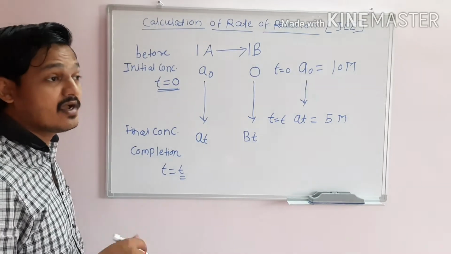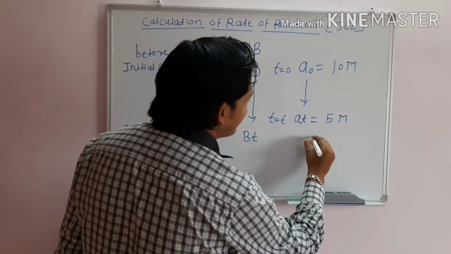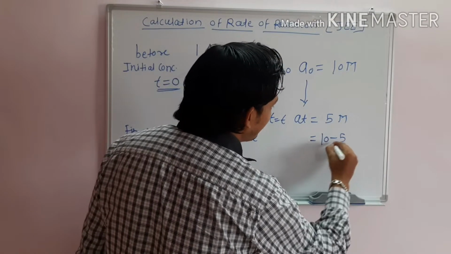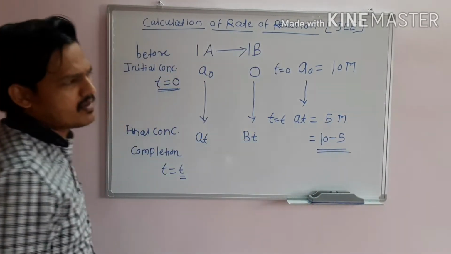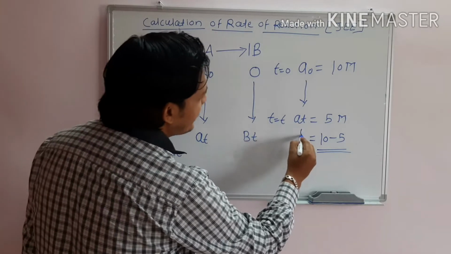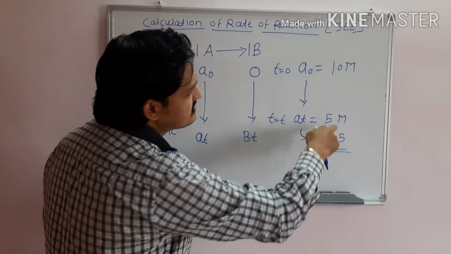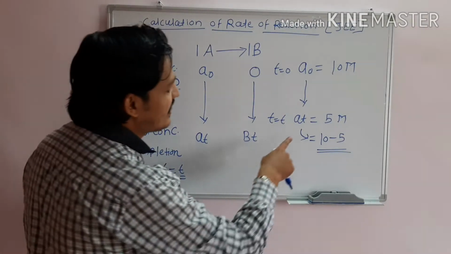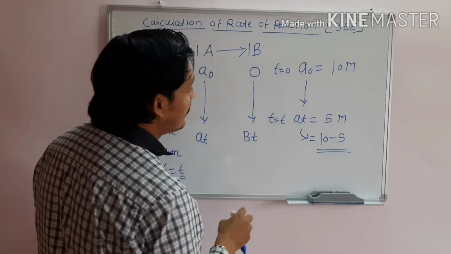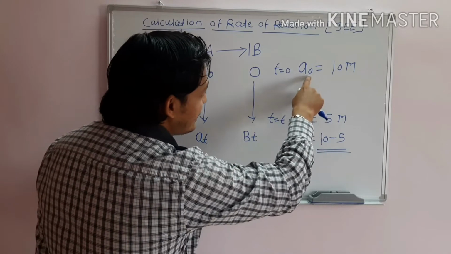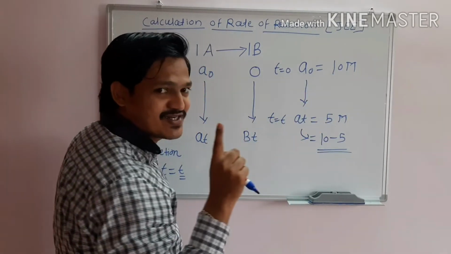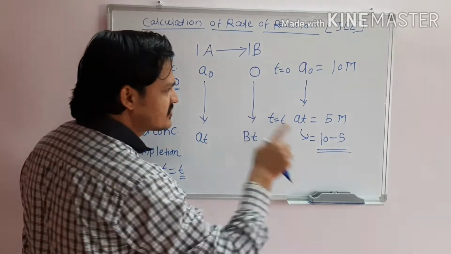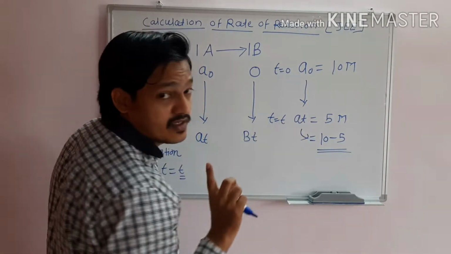I am writing alternatively in that way. So initial concentration 10 minus 5, which is also correct. What is the value of AT? 10 minus 5, so the final answer is 5. Now how to write AT as 10 minus 5? 10 means A0, initial concentration of reactant, minus 5 molar decrease. So the answer is 5 molar.